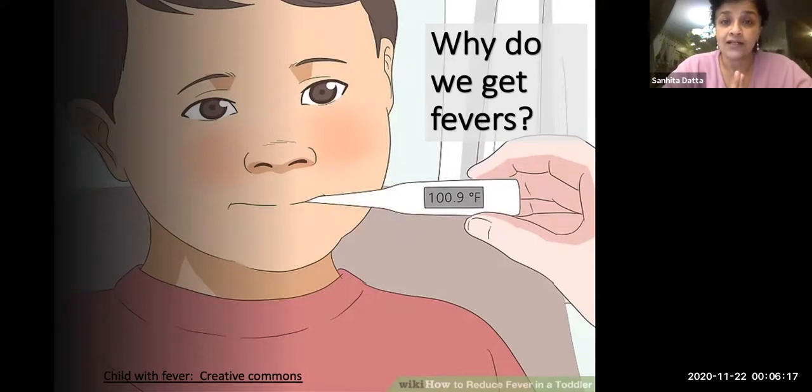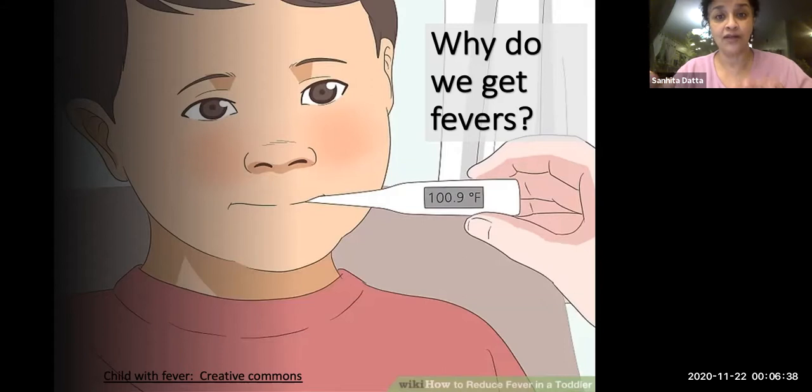What our body does by raising the temperature is make the environment inhospitable for that organism, because at that higher temperature, the enzymes in that organism are at suboptimal conditions. And so they won't be able to work as well. The organism won't be able to grow as well.